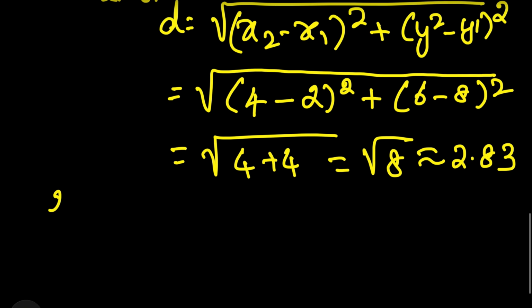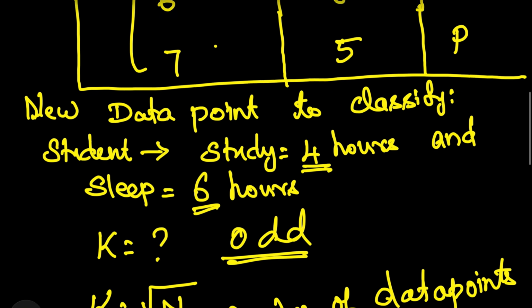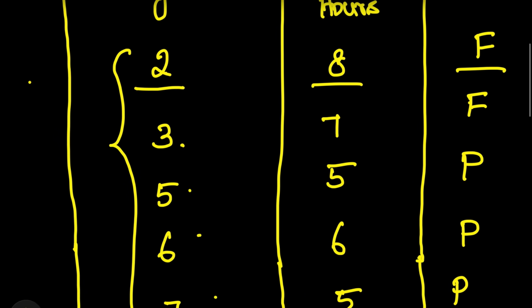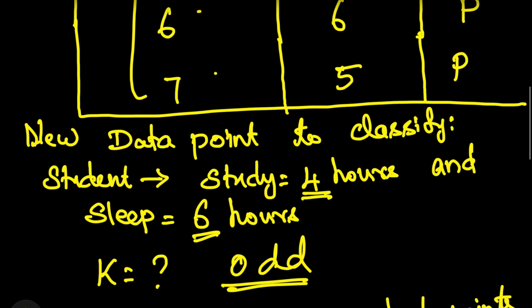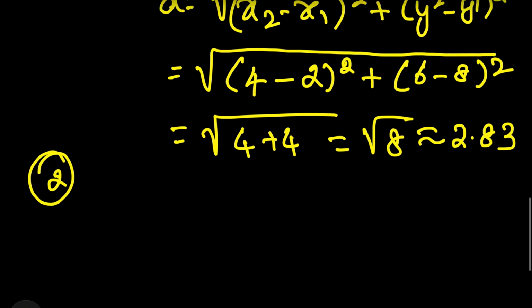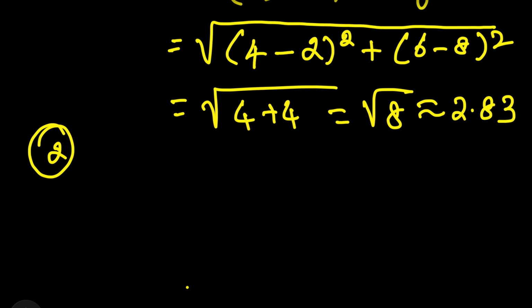Similarly, I'll go for the second data set. What is the second data set we have? We have 3, 7, F, right? This is the second data set. So now you have to find the distance for this.